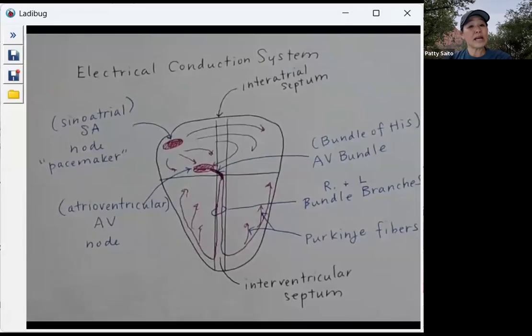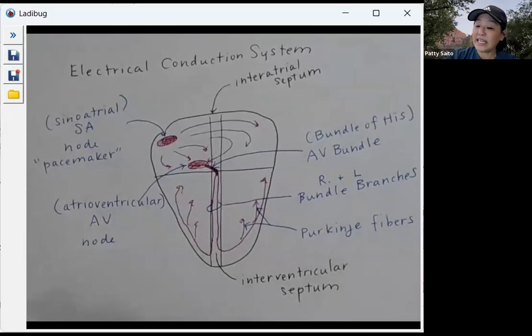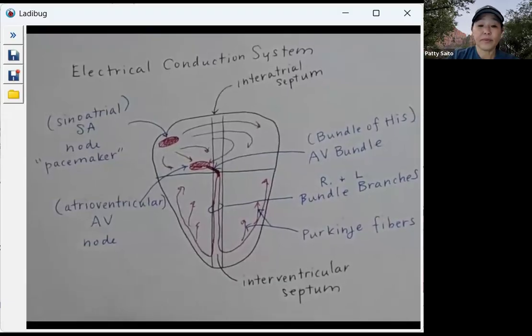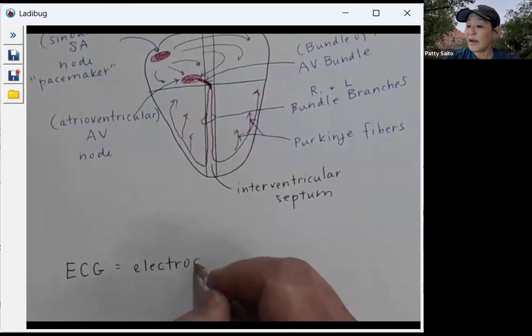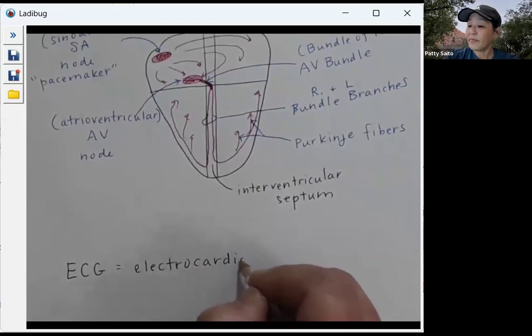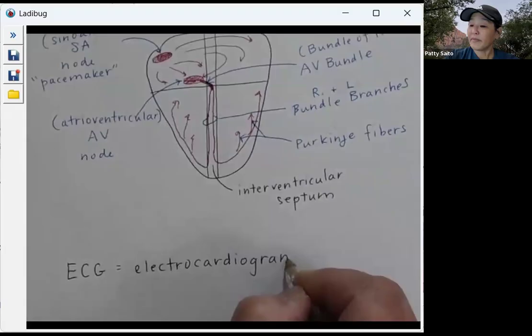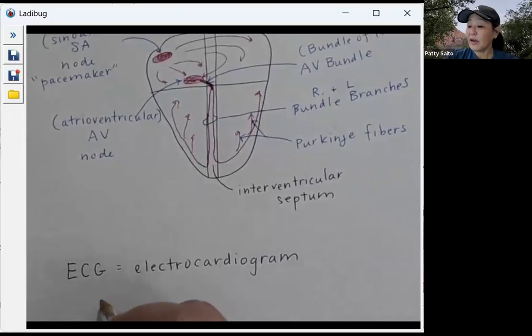All right, now we can measure this spread of electricity across the heart in what we know as the EKG or the ECG, the electrocardiogram. Okay, electrocardiogram is a measurement.